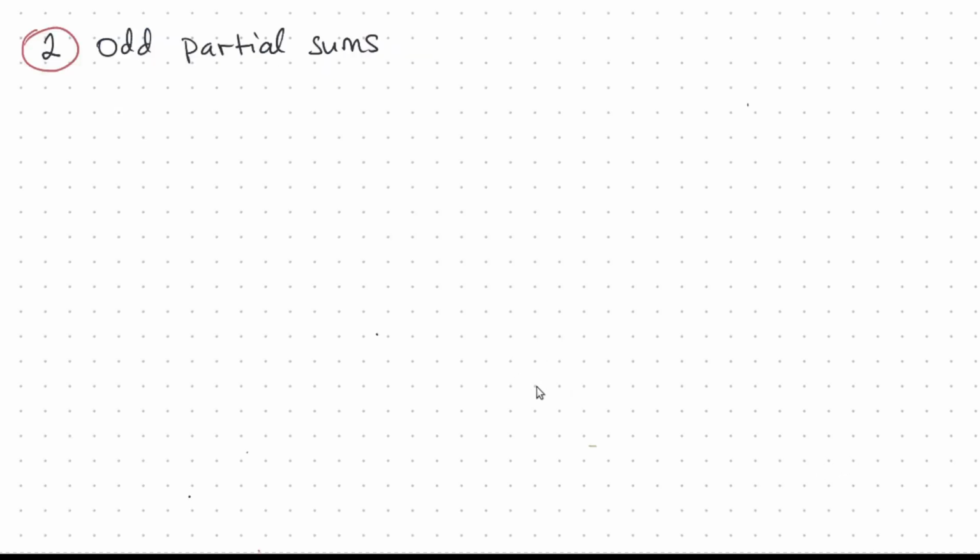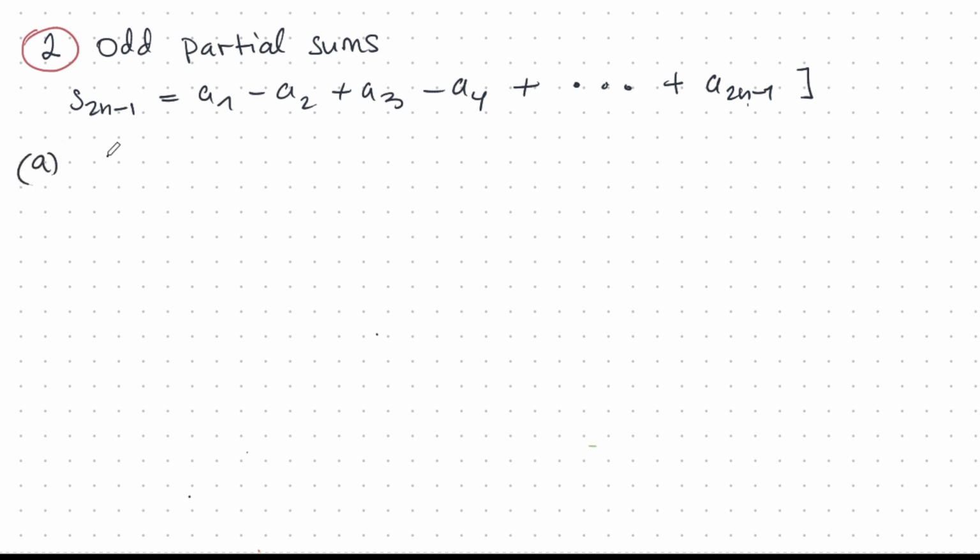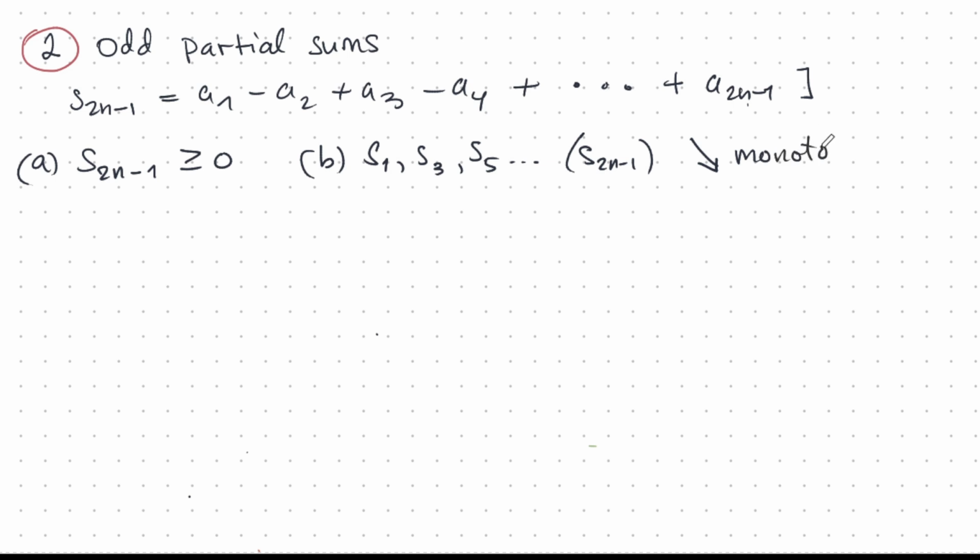The odd partial sums have similar properties. Recall that an odd partial sum is one that has an odd number of terms. Like with the evens, the odd partial sums are always greater than or equal to 0. That's the first point. The second is that when you view the odds as a sequence, S2n minus 1, it is monotone decreasing.